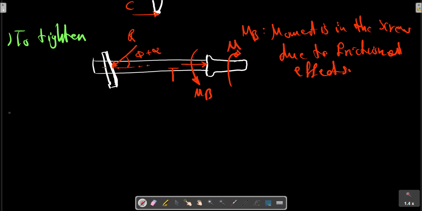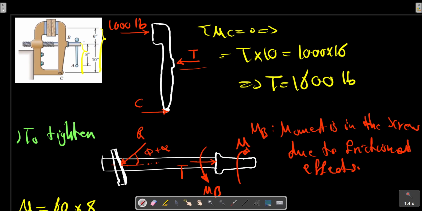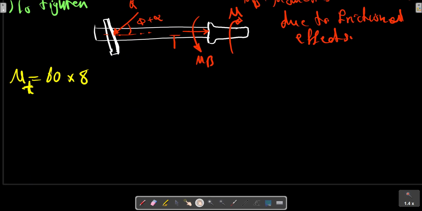To tighten it, we applied MT, for example, M tighten it, 60 multiplied by 8, this distance. MT is in pound inches.